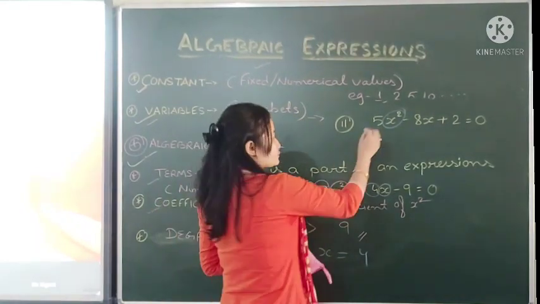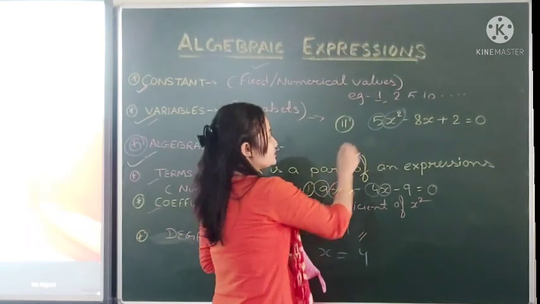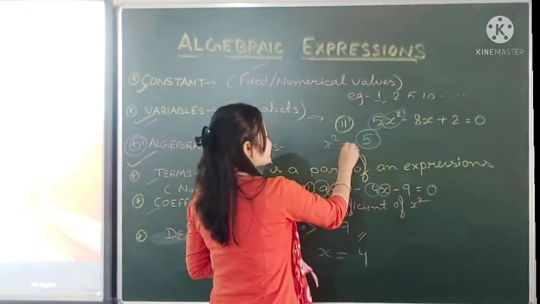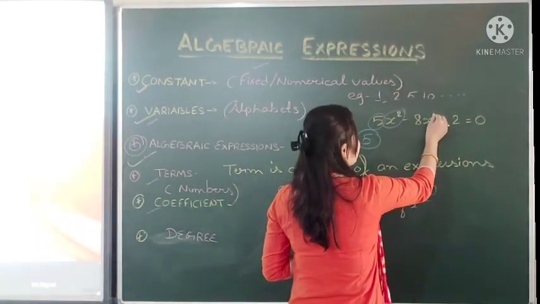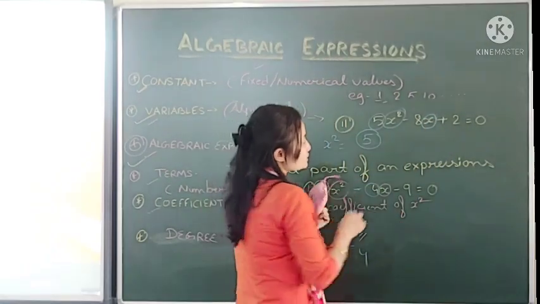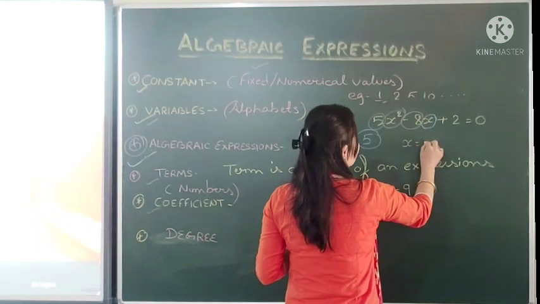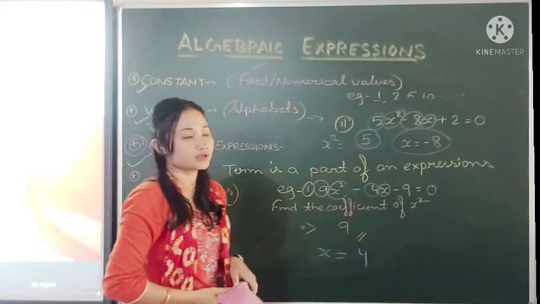The coefficient of x square is 5. 5 is the numerical part of x square. Same way, what is the coefficient of x? The coefficient of x is minus 8. So we write the coefficient of x as minus 8 in this part number 2.